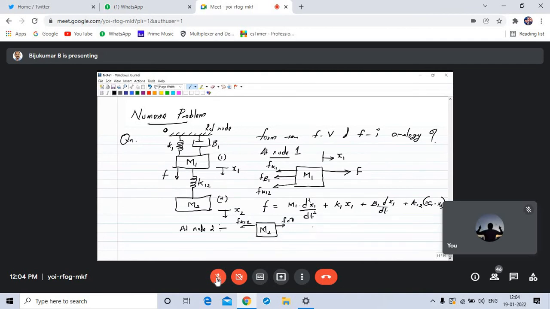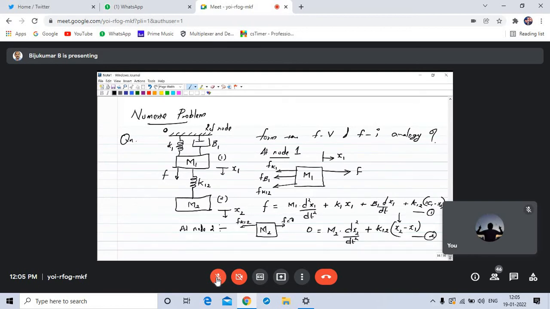We can write 0 equal to M2 multiplied by d square x2 by dt square plus K12 into the difference in displacement, which will be x2 minus x1. So this is equation number 1. This is equation number 2.